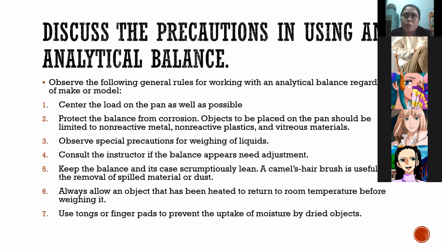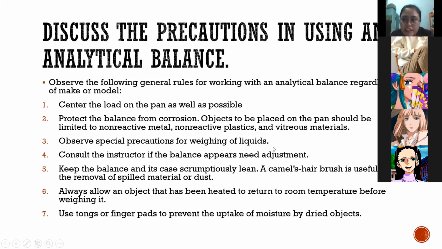Please do not spill liquids on the analytical balance because it will be damaged. If adjustment is needed, you turn the screw at the bottom, but if you can't, you may call the instructor for help. And take note, it should be clean. We have to use a brush to get rid of spilled materials or even dust. So no tissue, paper, or cloth. We use the camel's hair brush.